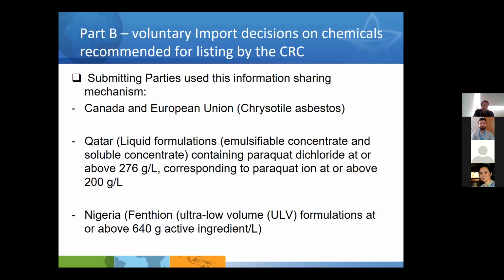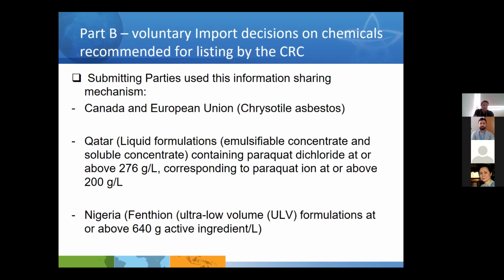And the second part, Part B of the Appendix 6 of the PIC Circular, contains basically all the voluntary import decisions for these chemicals recommended for listing, using the provisions of the COP decisions for these 5 chemicals. The Secretariat is publishing the import decisions for these chemicals in Part B of the PIC Circular.